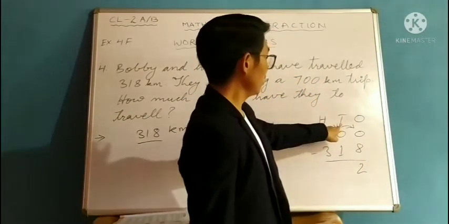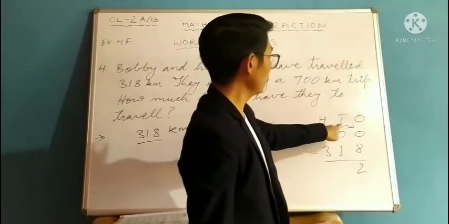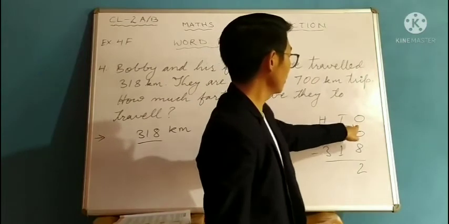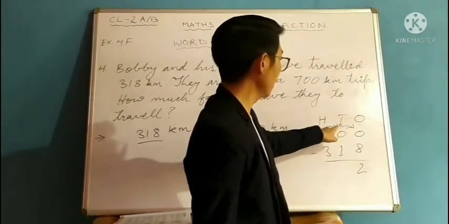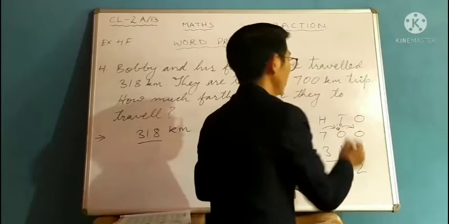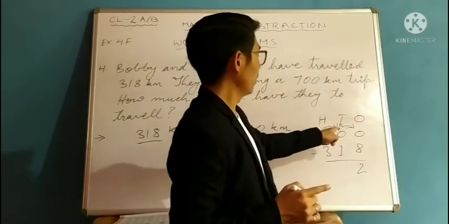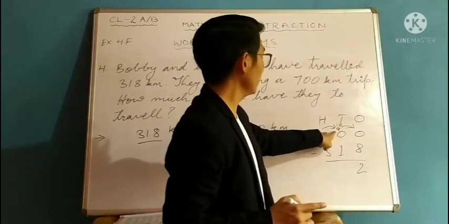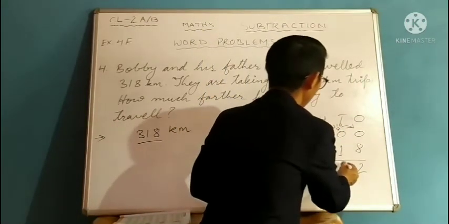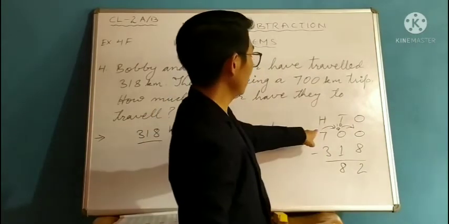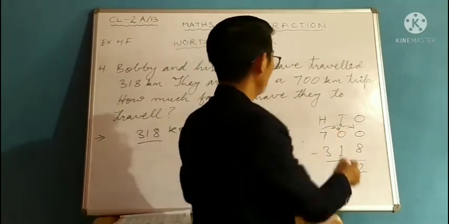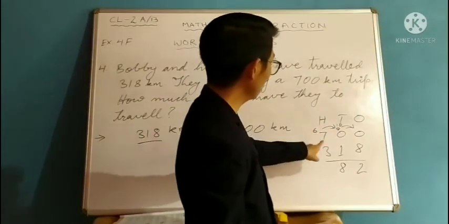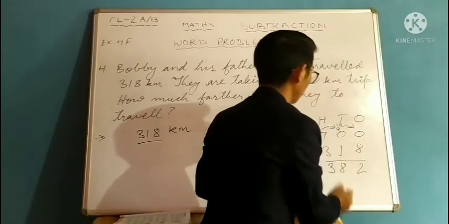Earlier it was 10, here it was 10. Now we have given the number from tens to ones. Now which number is left? 9. Please be careful while doing this kind of sum. Now 9 is left. 9 minus 1 is 8. Now we already borrowed, so it is only 6. 6 minus 3 is 3.